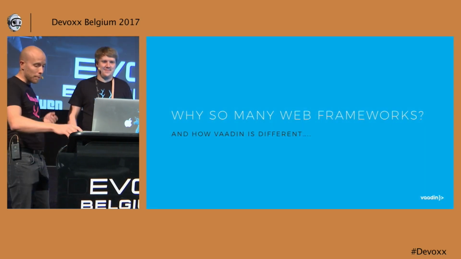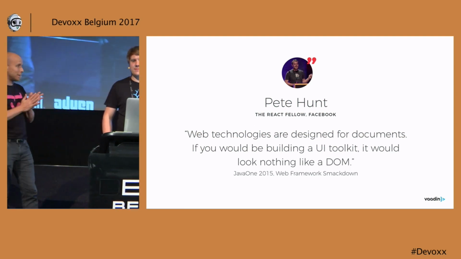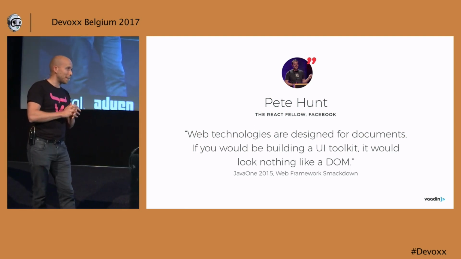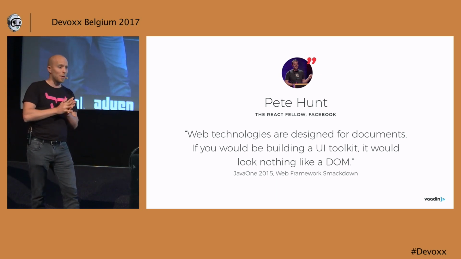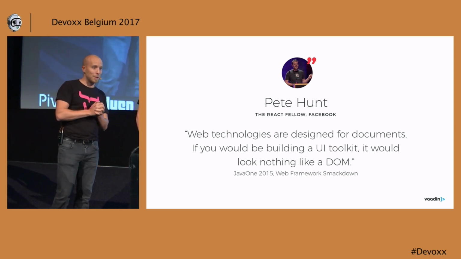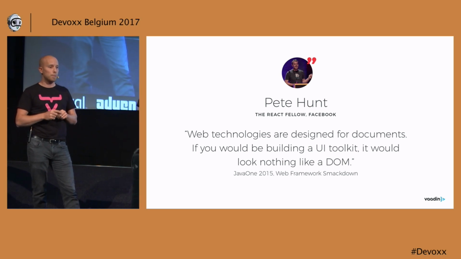And before going to that, I'm quite often saying that the web is not a good place to make applications, but just to make this more convincing, I'd like to quote Pete Hunt, who is the guy behind the React framework from Facebook.